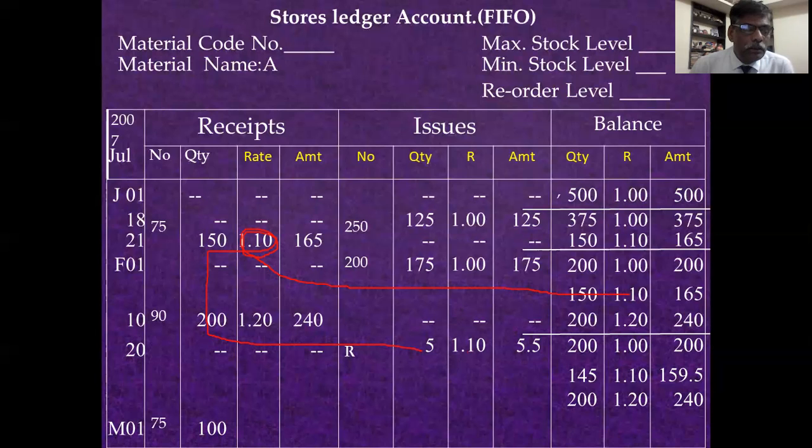Received 100 kg being balance of purchase order number 75. At what rate did you purchase order 75? Order 75 was purchased at rupees 1.10. The same rate is applicable here.